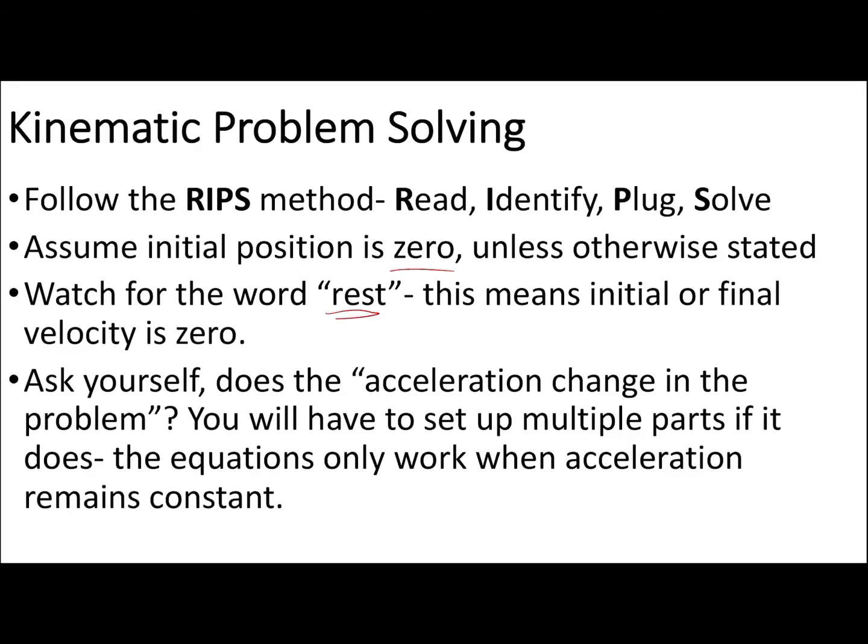Watch for the word rest or indications that something is not moving initially or finally. We can start at rest or we can come to rest, and that's an indication that either v initial or v final is going to be 0. And ask yourself, does the acceleration change in this problem? If it does, then you have to be very careful to set up multiple parts.